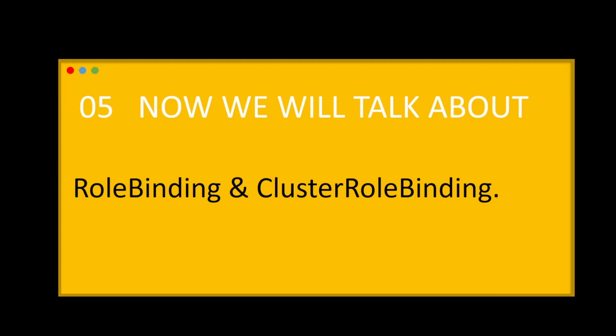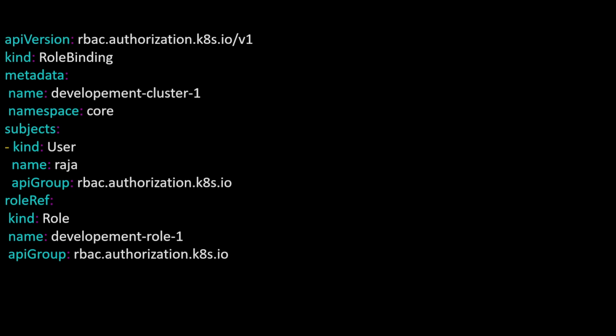Now we can apply these rules on users. In RBAC, you can't apply a role object to users directly. You have to create another object for this. Thus, we create a role binding for a role object and a cluster role binding for a cluster role object. Let's explore role binding first. This is our role binding YAML file.